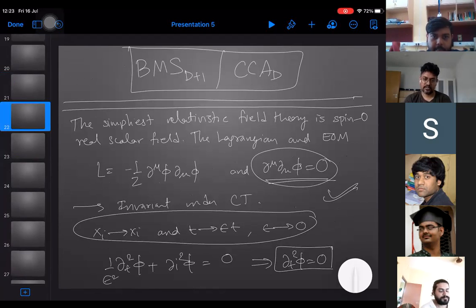Yes. But you don't have a Lagrangian for a free scalar field. That is true. We only have the equation. So only in 2 dimensions we can have a Lagrangian for a scalar field for which the theory is BMS invariant, right? In 2 dimensions, yes. Okay. Till now, yes. Thank you.